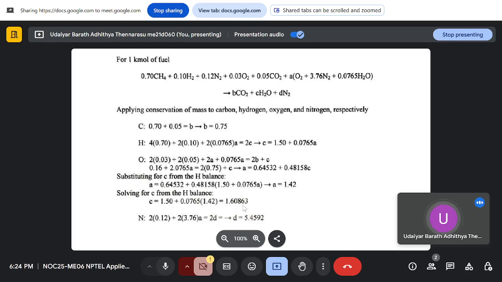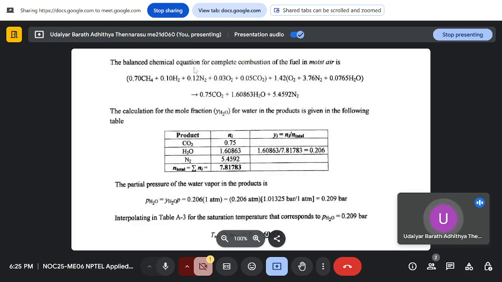So the only unknown left is D. So doing a nitrogen balance: 0.12 into 2 plus 3.76 into 2 into A equals D into 2. So D comes out to be 5.4592. So ultimately this is how the balanced chemical reaction will look for complete combustion with the moist air.